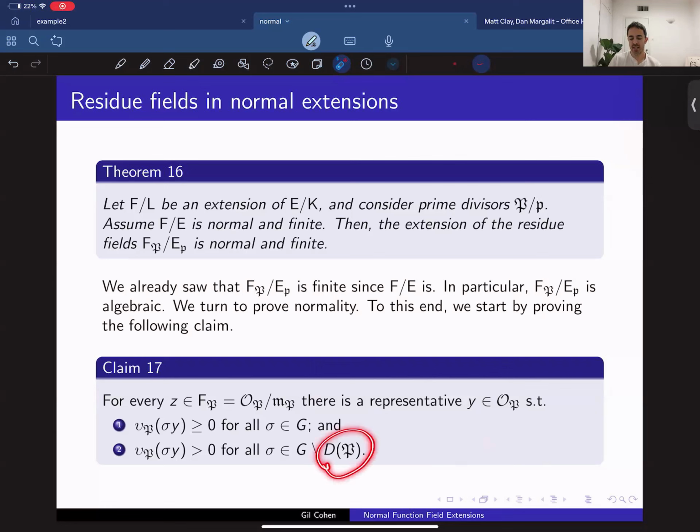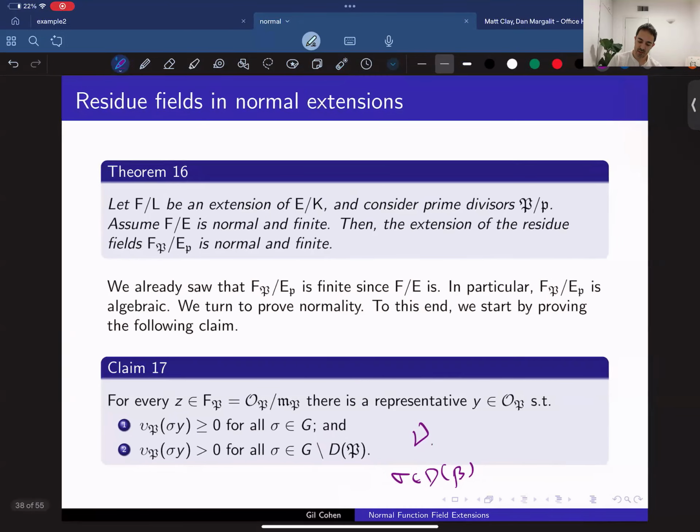And the same holds true for any element in the decomposition group, right? Because if you're in the decomposition group, then P is sent to P, right?